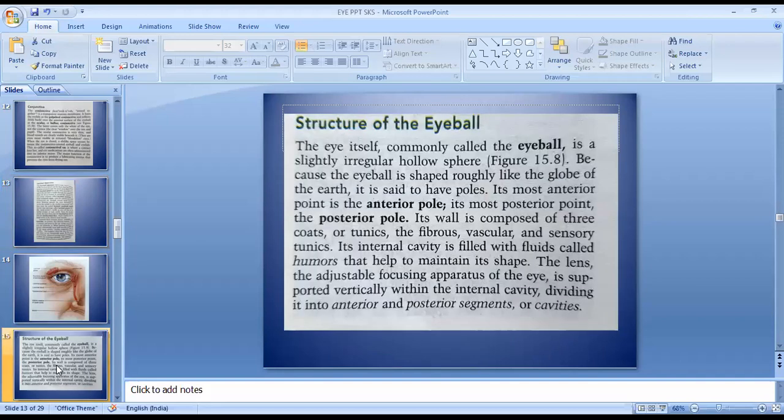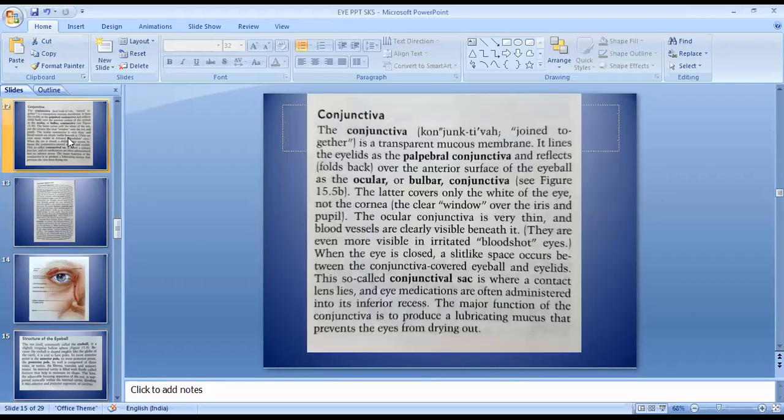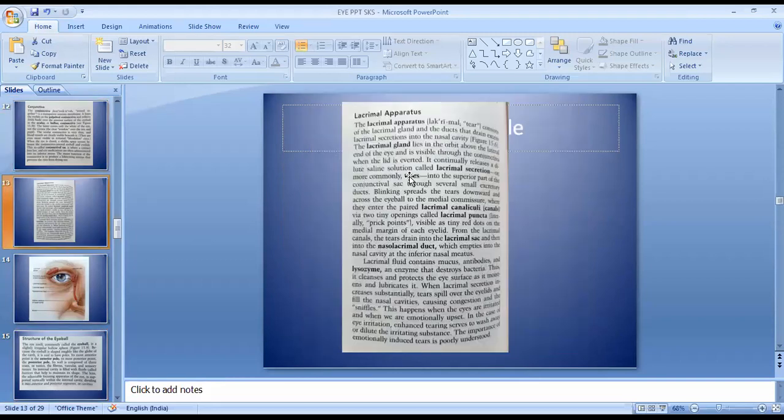Yes, the lacrimal fluid contains mucus, antibodies, and lysozyme. This lysozyme is an enzyme that destroys bacteria. So any kind of bacteria.